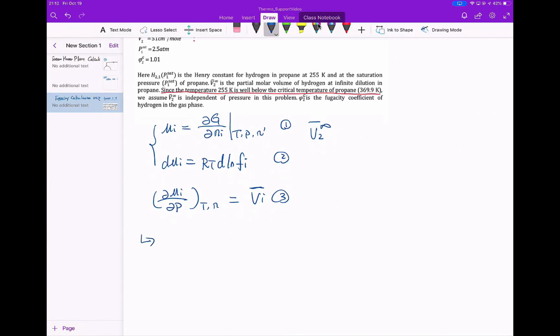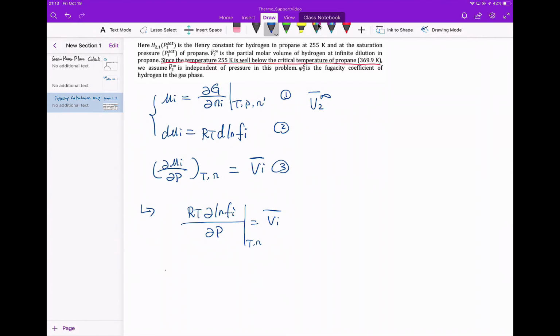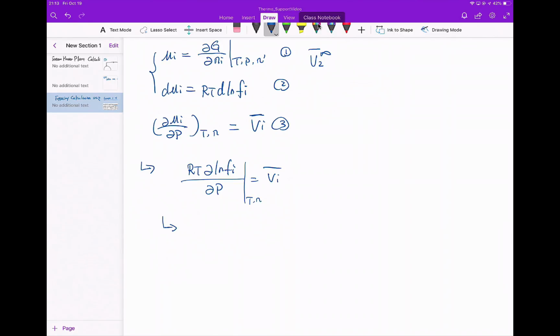I'm going to replace this partial mu_i by RT partial log f_i over dP, of course still with T and composition fixed, which is V_i partial over RT.